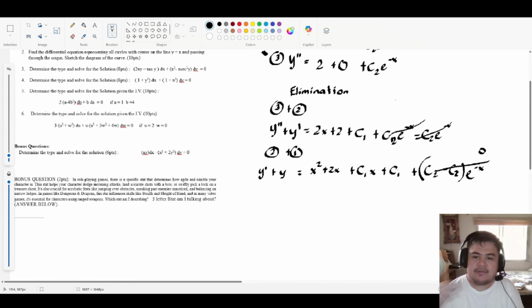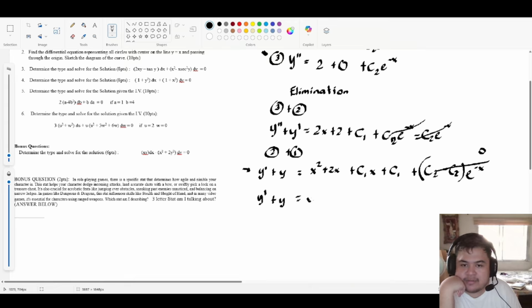Now, the thing is, C1 is still existing. The coefficient of C1 in the second line is x plus 1, because we have c1 x plus c1. What I'm going to do is multiply this equation by x plus 1.